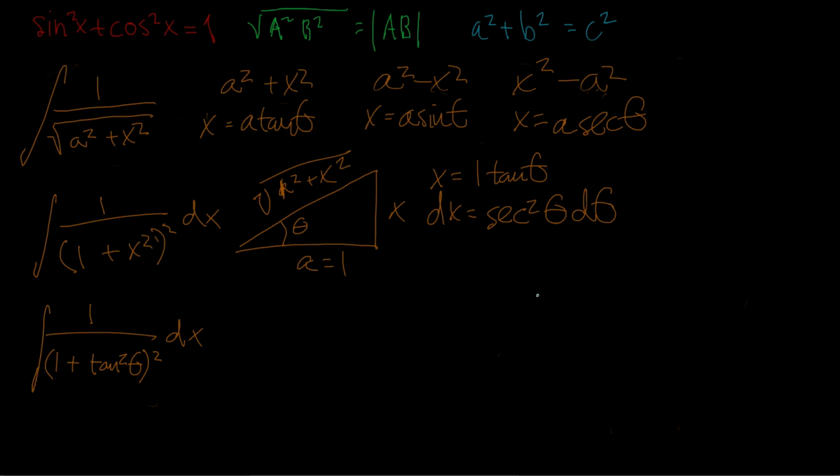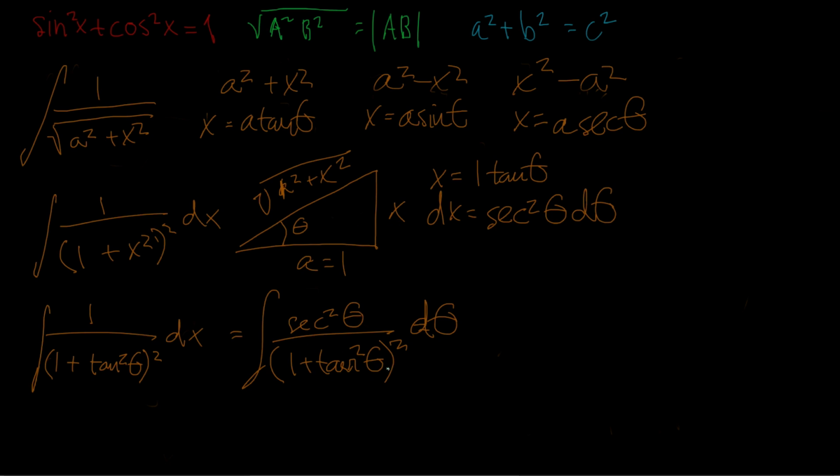So we're going to get that our dx is equal to secant squared theta d theta, and we can sub that in for our dx right now, and we're going to get secant squared theta over (1 plus tan squared theta) squared. That's our subbed in expression.